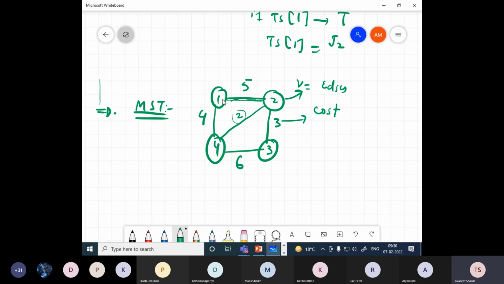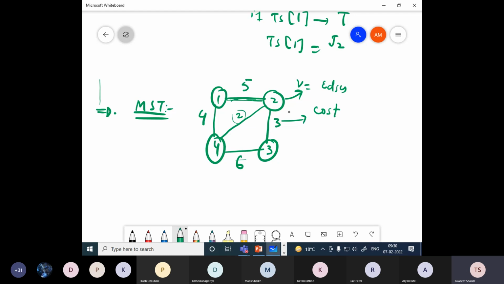This means if we go from Gandhinagar to Delhi, for example, the distance is 5 kilometers. But it could also be negative, like in the stock market, how it drops its price. The profit, you can go into loss also. That could be represented as -5. So this cost could be both positive as well as negative, and there could also be a cycle inside the graph.